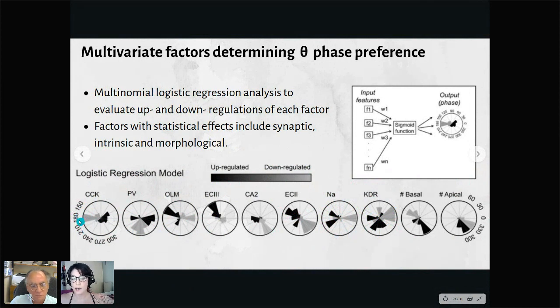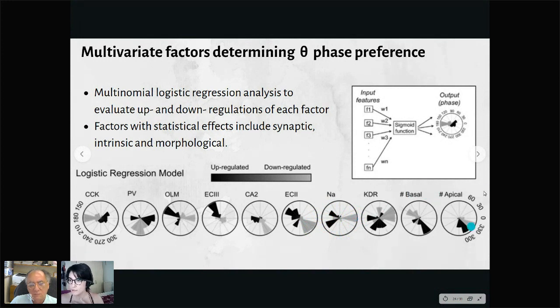Then comes CA3 in the descending part, and it ends with CA2 and entorhinal cortex layer 2 in the trough. So if we have a high sodium conductance, then as soon as any excitatory input comes, the neuron will start firing, and that's why it fires at the peak. But if it's very low, then it's going to be a silent neuron, and it needs all the excitation across the different phases to finally fire at the trough.